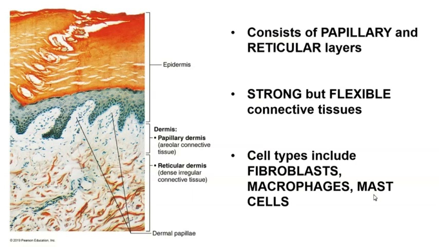Now, when mast cells detect microorganisms, they initiate a local inflammatory response by releasing a substance called histamine. What histamine does is increase blood flow to a particular area and dilate the blood vessels there, and this makes them leaky.